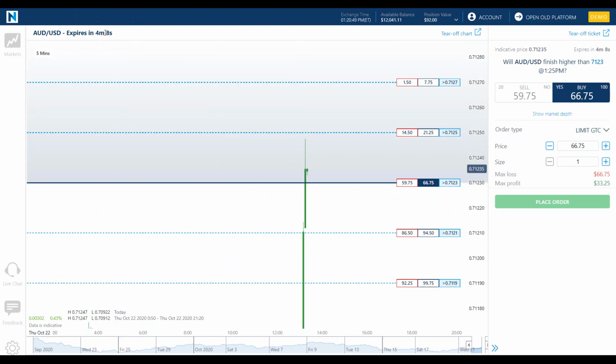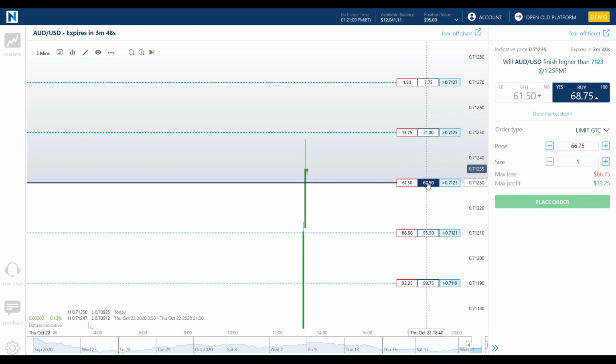This is a 5-minute binary, okay? Short-term price action. This contract is going to settle in 4 minutes, and exactly right now, 3 minutes and 58 seconds. And we've got these different levels, and you can see it is currently above the 71.23 level.